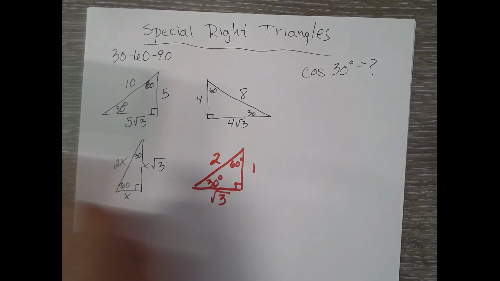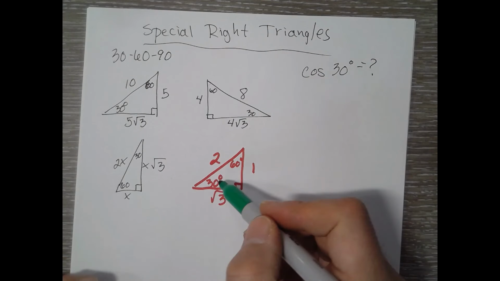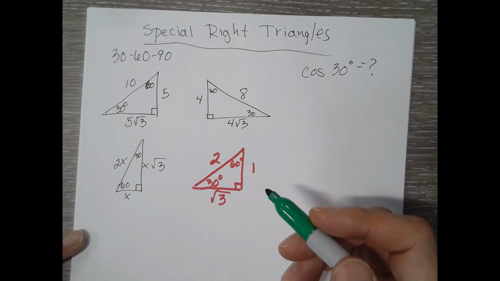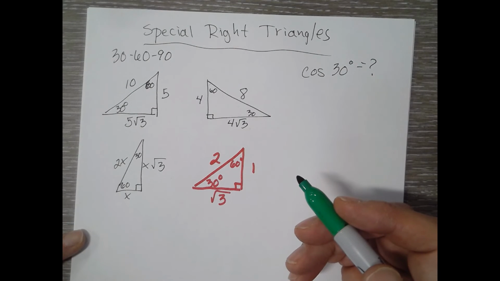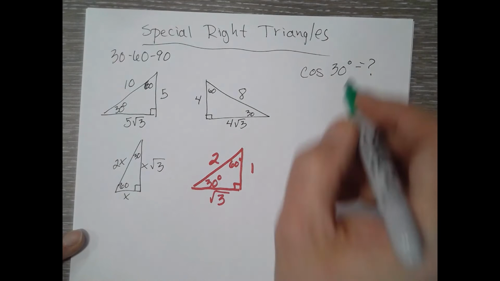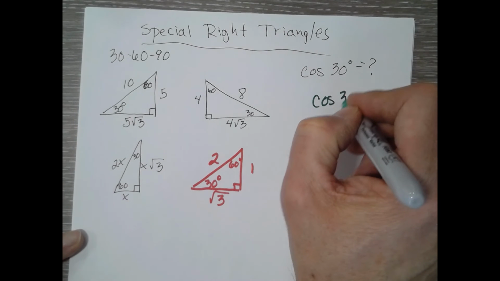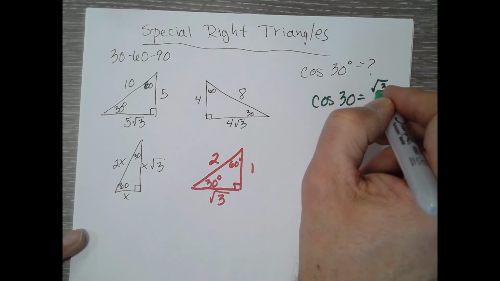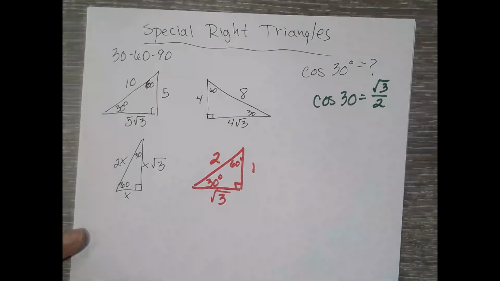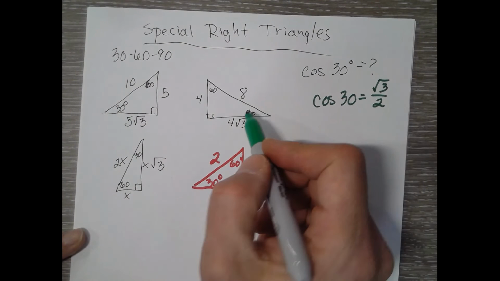So let's go back to our question. What is the cosine of 30 degrees? Let's look at our triangle. What's the cosine of 30 degrees? Square root of 3 over 2. Adjacent over hypotenuse. Cosine of 30 degrees is the square root of 3 over 2. What if I use this triangle right here?